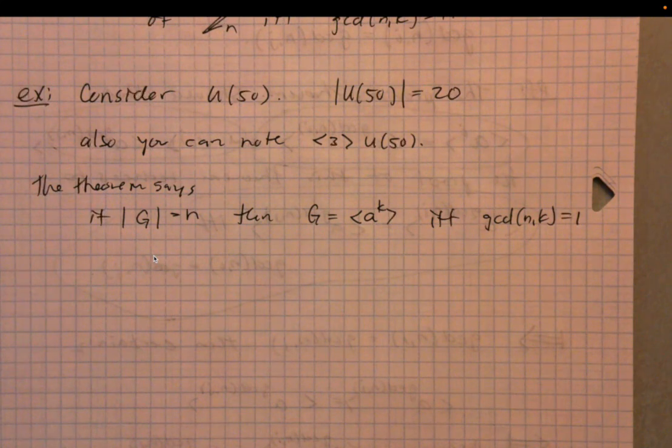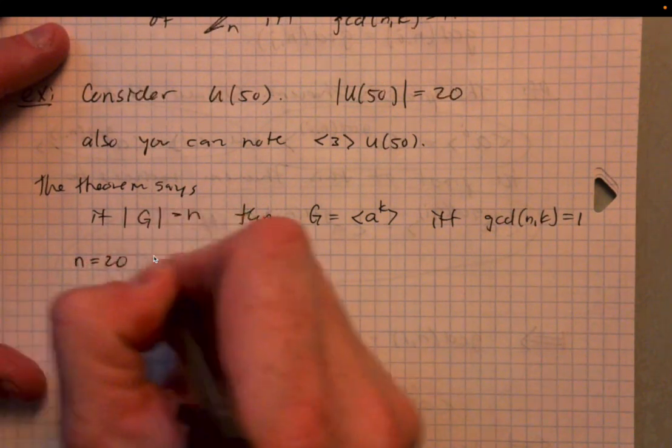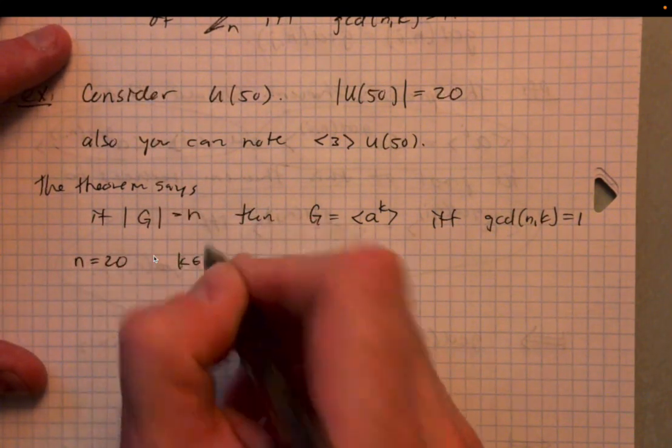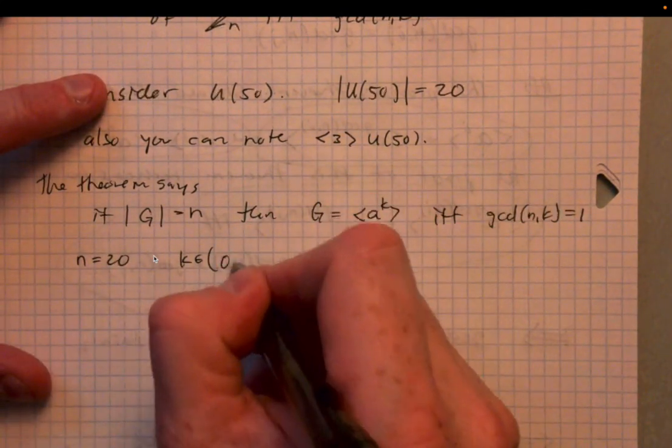So n and k are relatively prime. Okay, so in our case, the order of the group n is equal to 20. So which integers are relatively prime to 20? Right, so n is equal to 20. Our k's we can choose from 0 to 19, basically.